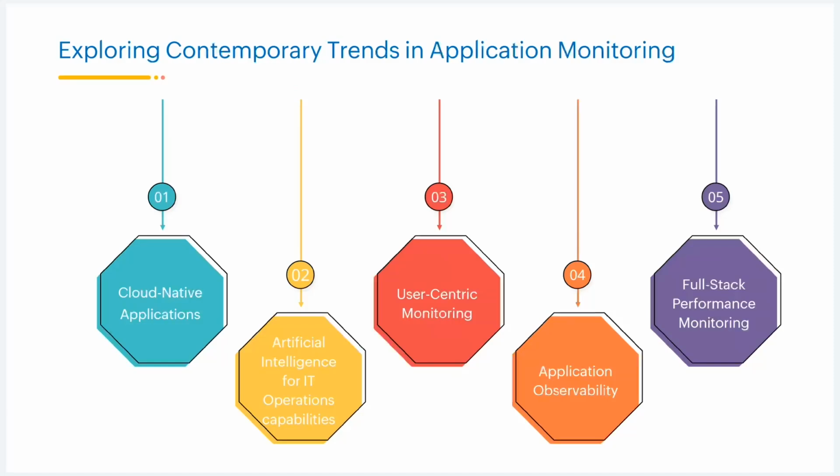Let us see some of the contemporary trends in application monitoring. The first is cloud native applications. Recently, large enterprises have adopted moving many of their applications to the cloud. Cloud native applications are scalable, flexible, and efficient software that uses small independent building blocks like microservices and containerization, which is commonly Docker, and Kubernetes.